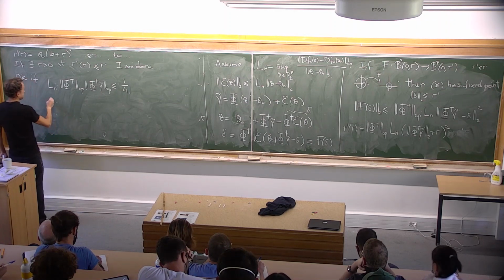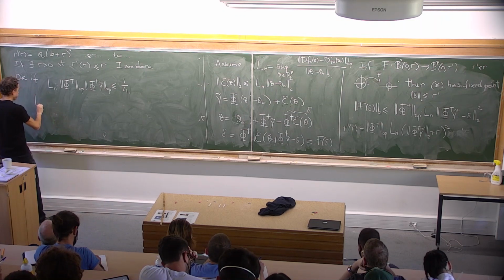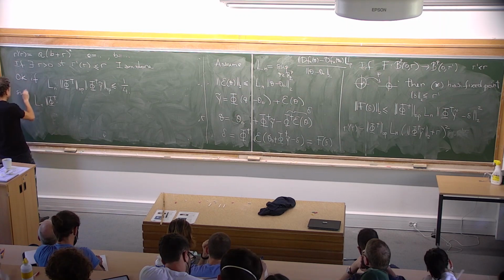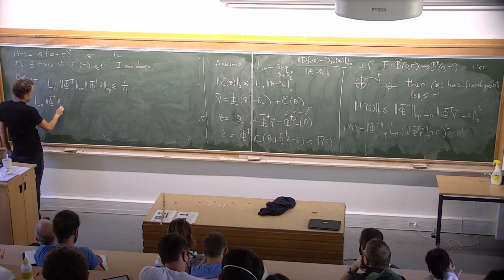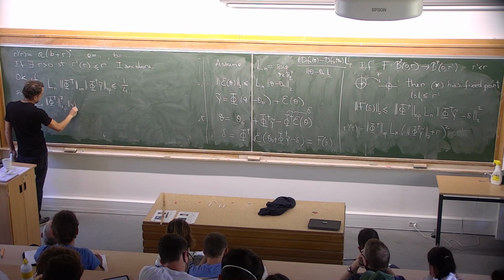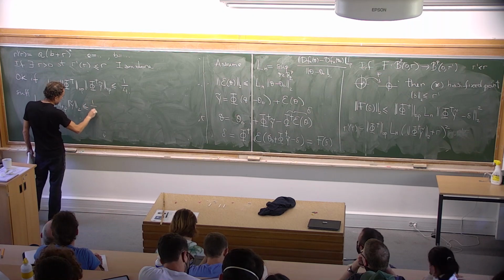So this is bigger or equal than, so it is sufficient that Ln times the operator norm of phi dagger squared times the 2-norm of y tilde is less than 1/4.